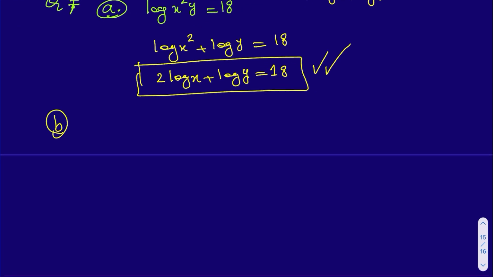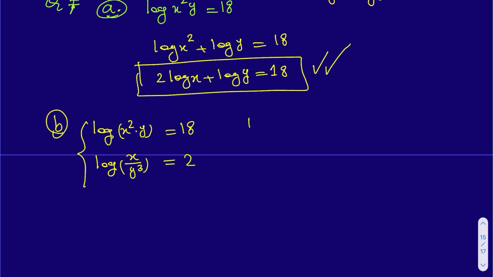Part B, we have two equations, log x to the power of 2y is equal to 18, and another one is log x divided by y to the power of 3. So let me write it again. Log x divided by y to the power of 3, okay, is equal to 2.